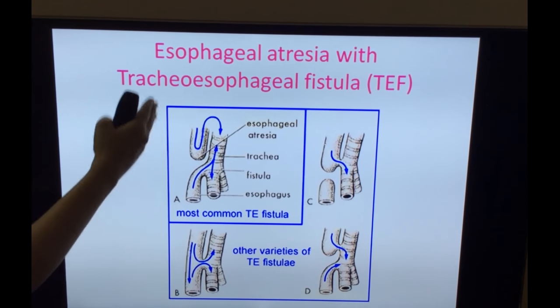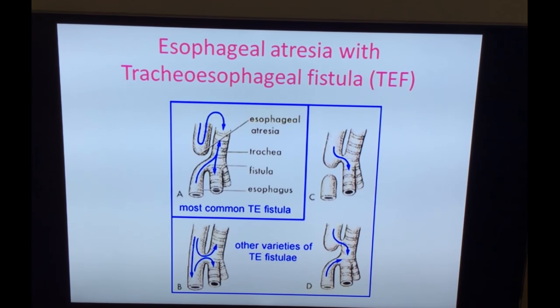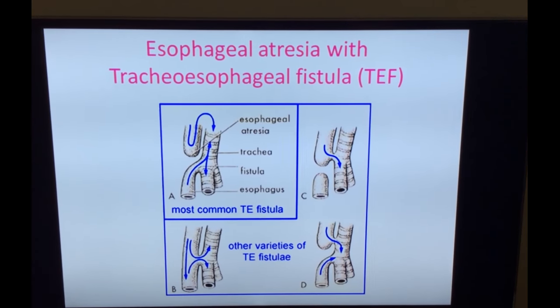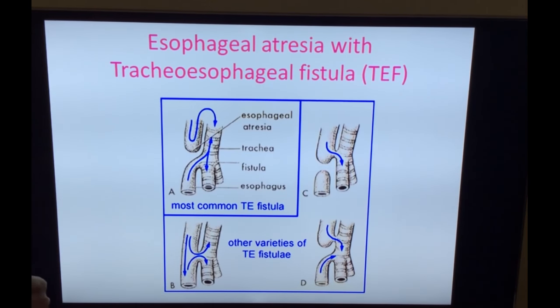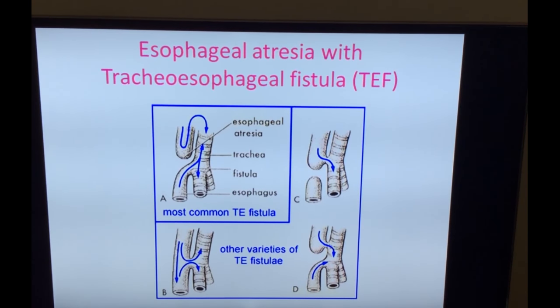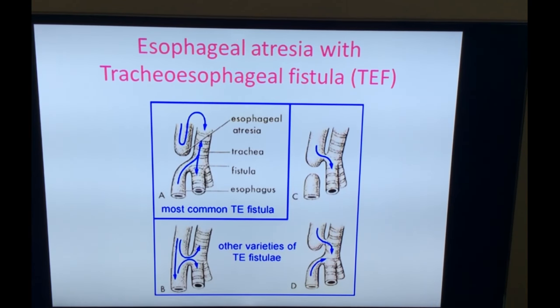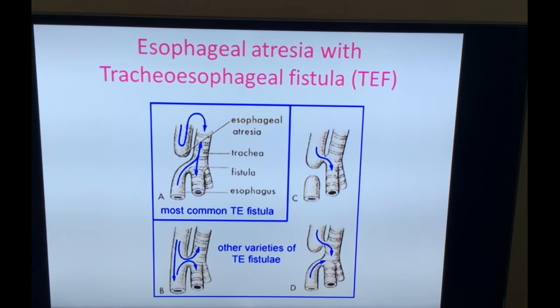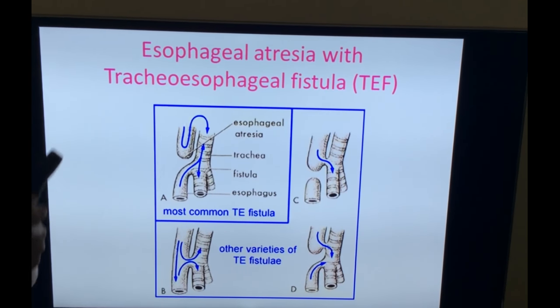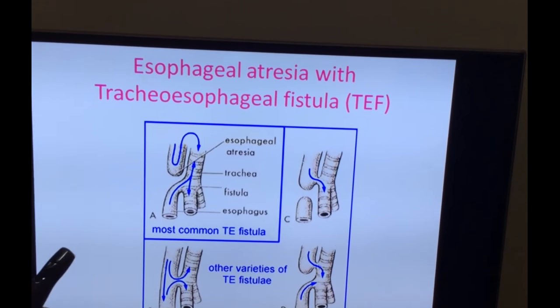Whenever this condition, esophageal atresia with tracheo-esophageal fistula, is there, usually the mother will suffer from a condition called polyhydramnios. What do you mean by polyhydramnios? There is an increase in the level of amniotic fluid. You know that amniotic fluid is very necessary, as it forms a cushion around the developing embryo.